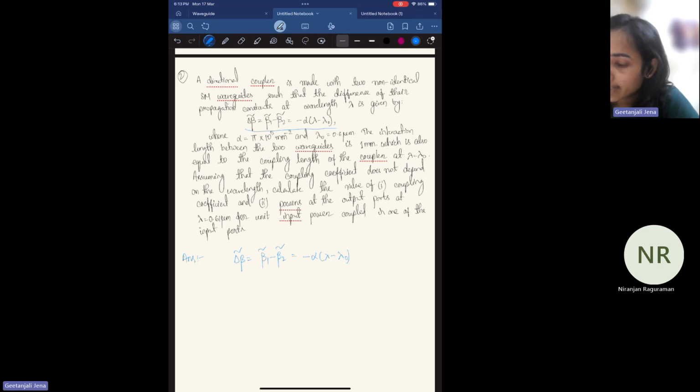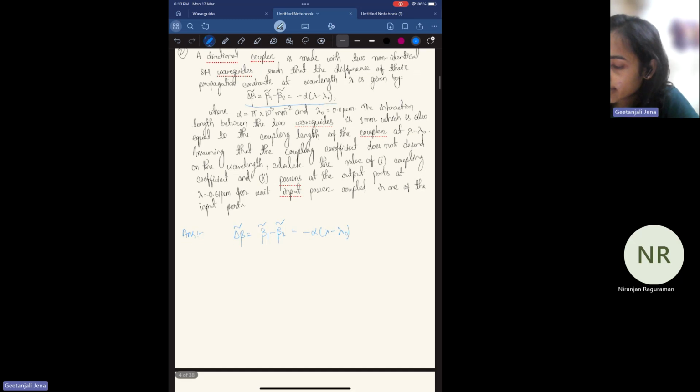What else is given is the value of alpha, which is pi into 10 to the 5 millimeter square, and lambda 0, which is 0.6 micrometer.